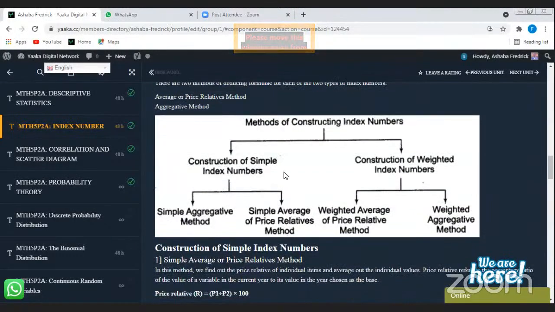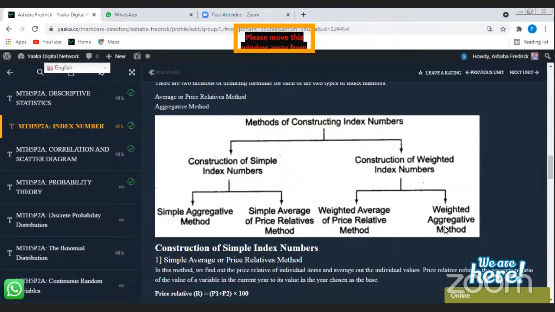This image here is not different from the upper one we had seen, only that now this one includes methods. So we have index numbers, then we have simple aggregate method, then we have simple average of price relatives. Then here we have weighted average of price relatives and weighted aggregate method.